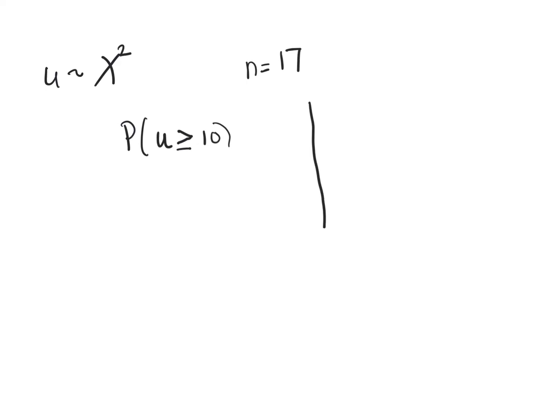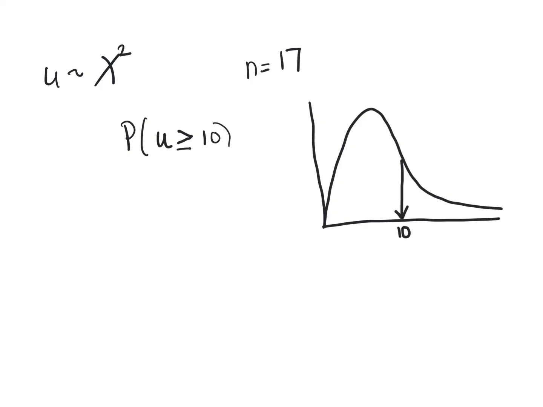So let's think about what's going on here. We have a chi-square distribution that looks like this. I want to know, if this is 10, what's the area greater than 10?